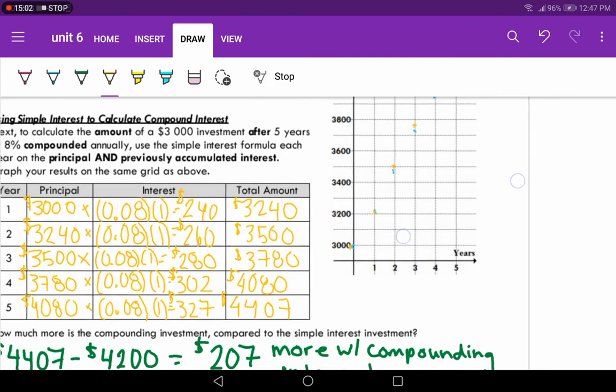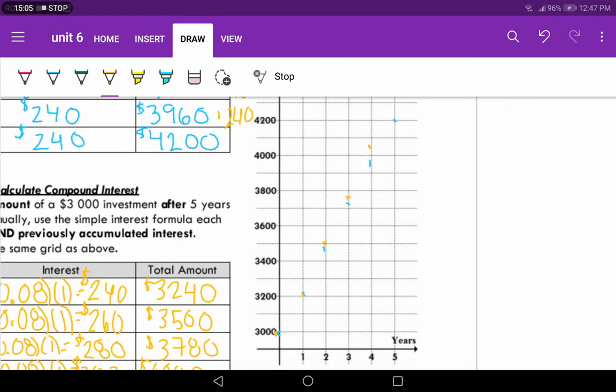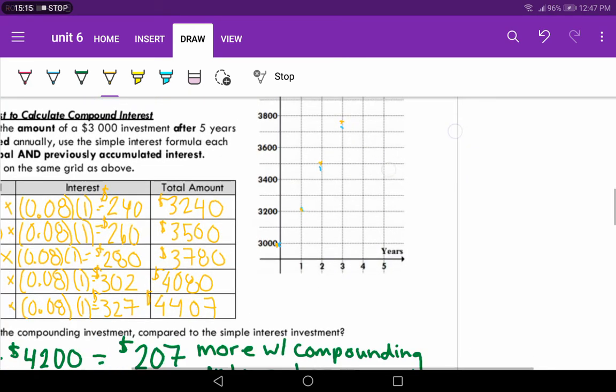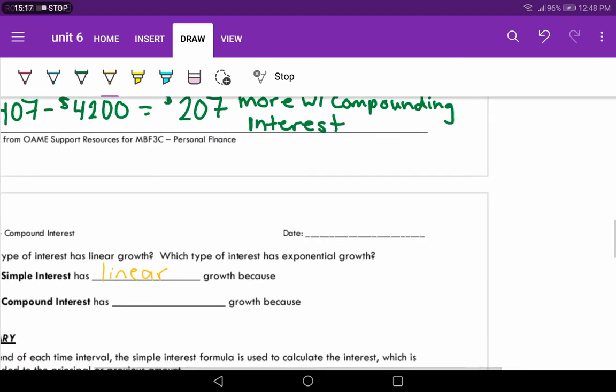Compounding interest, on the other hand, we can see that initially I start off going up 2, but then I quickly start going up 3 and even 4 squares at the end, right? So that's an example of exponential growth.